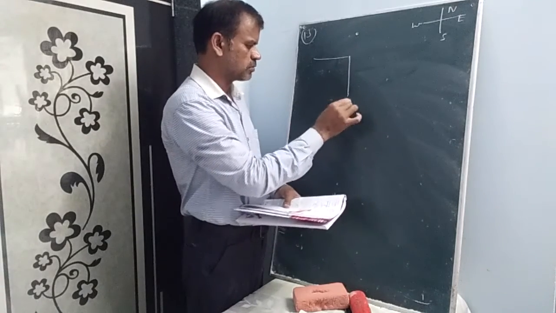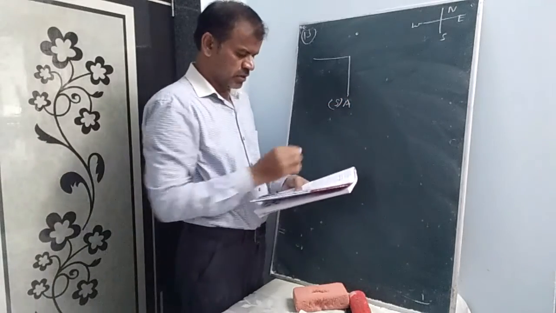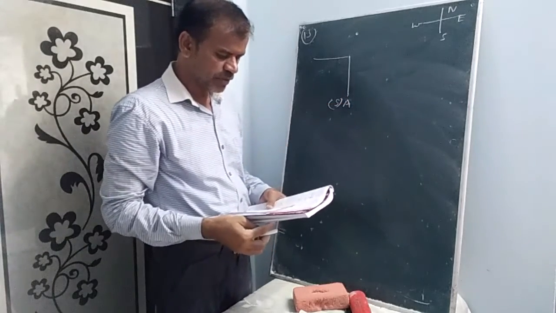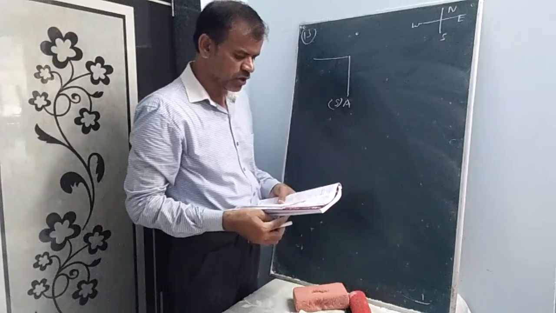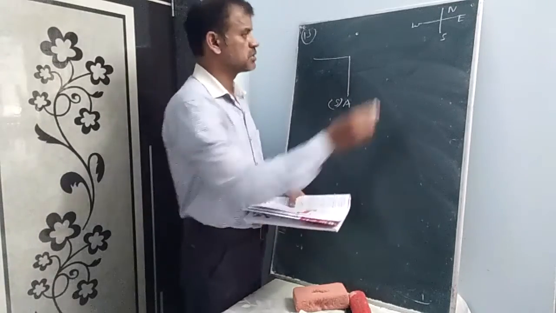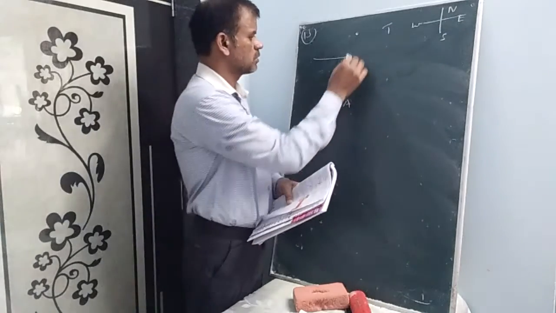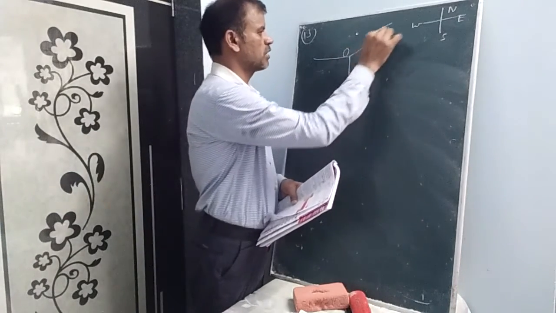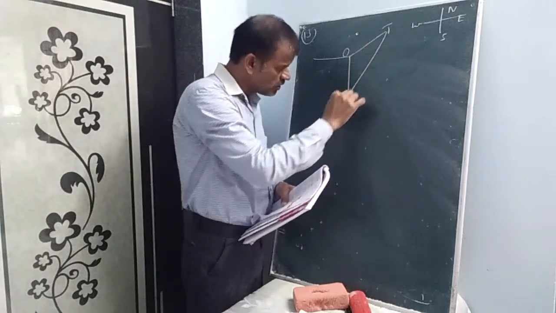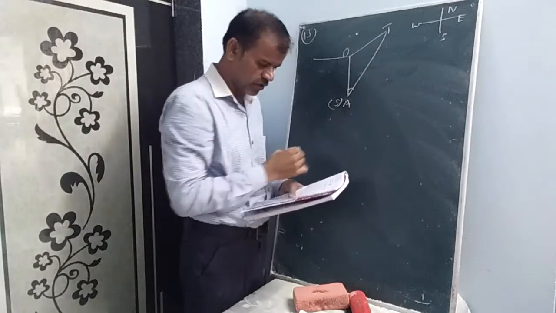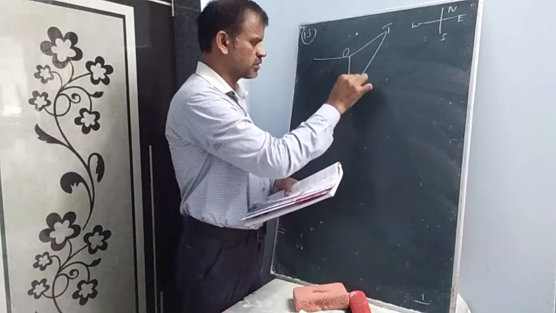Put here A, south. Angle of elevation of the top of a tower from a point A due south of it is tan inverse 6. Put here T. This is a point O, the tower is like this, and due south this is an angle alpha, given as tan inverse 6.